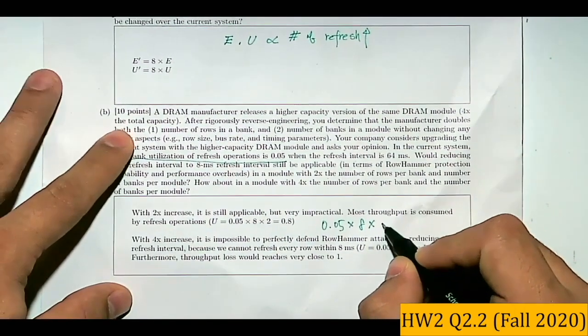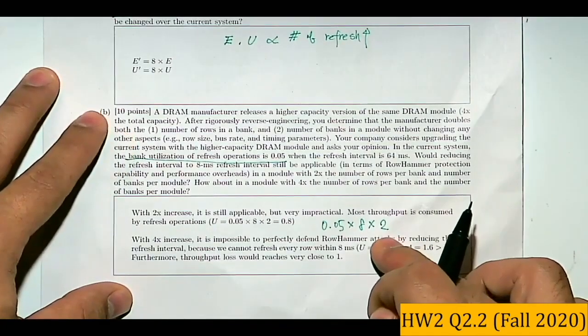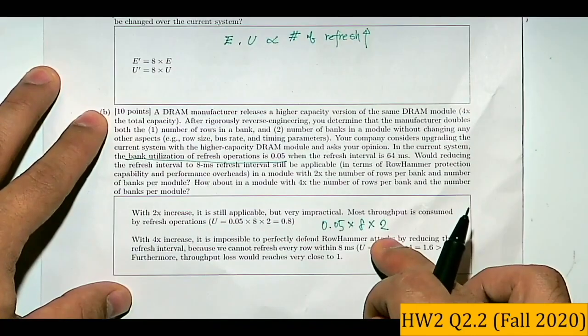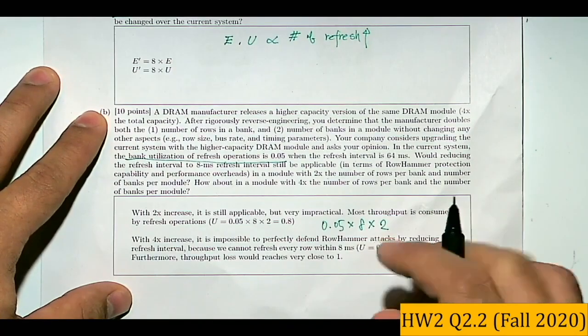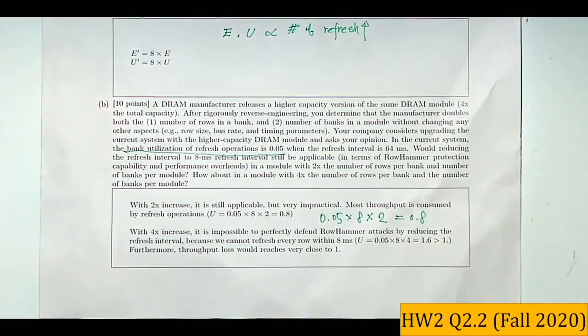So we just multiply by 2, which means doubling the number of rows in a bank. And this is 80%, so this is possible.